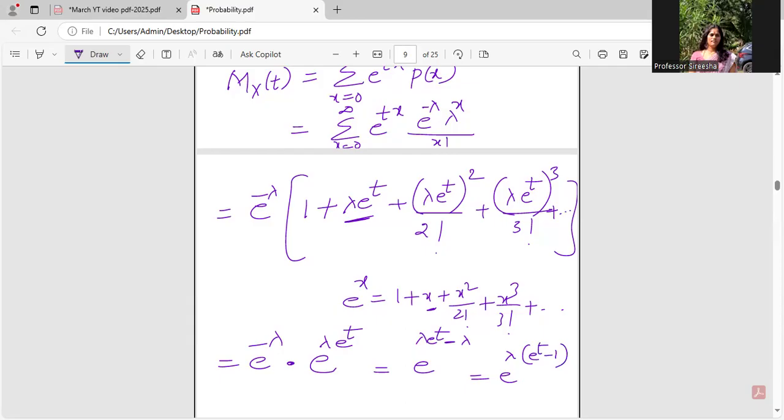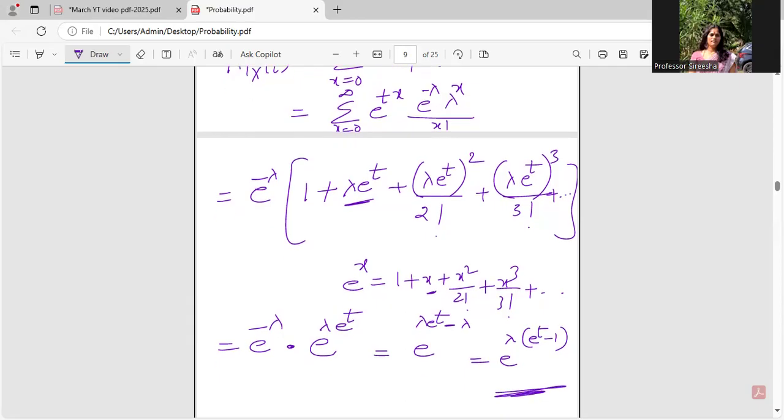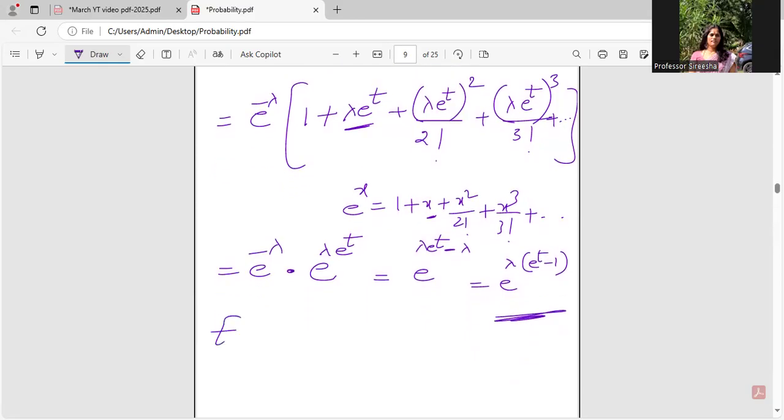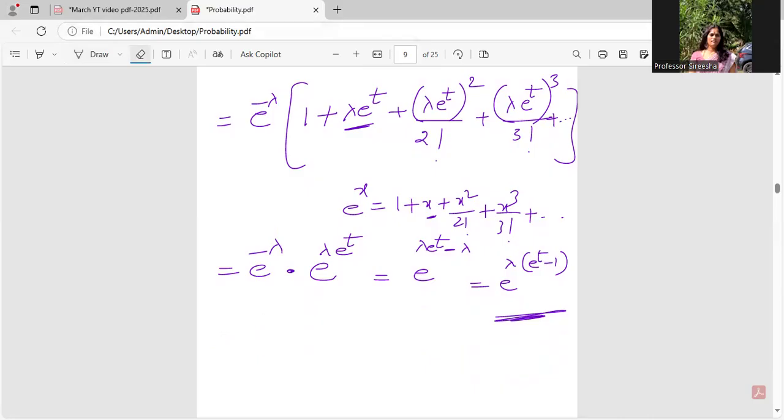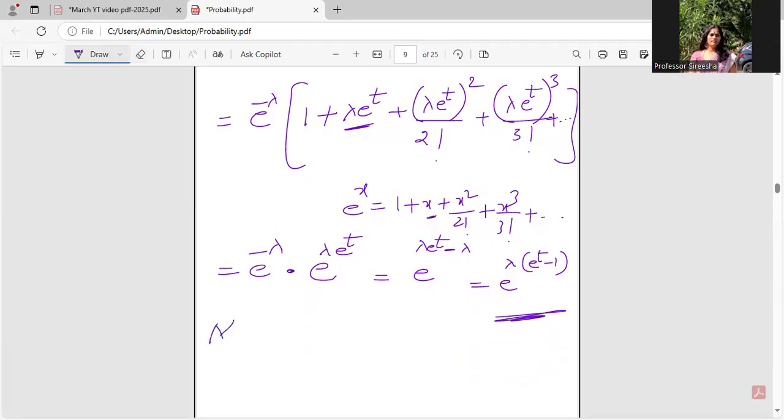I can do other things as well, but as of now, the moment generating function for Poisson distribution is this. Let me write it: it's denoted by M suffix capital X of t, which is equal to e power lambda into e power t minus 1. This is the one. Now, how do I find the cumulants?